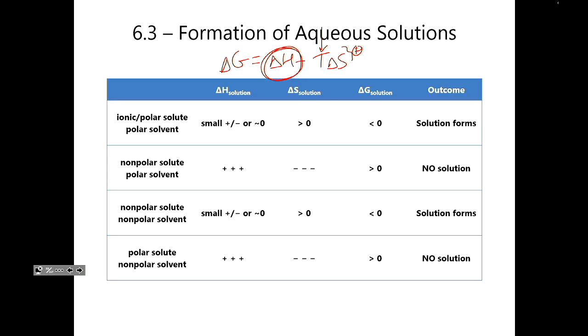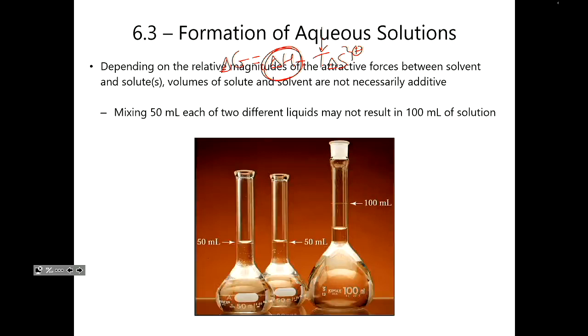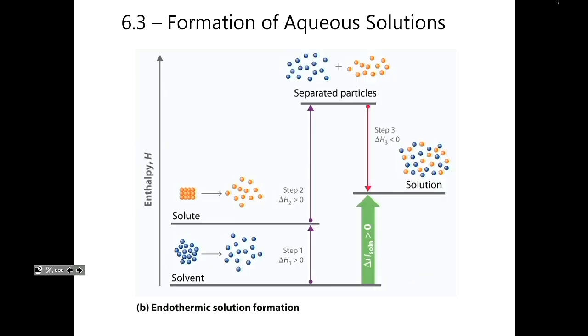If you're dealing with polar with nonpolar, there is absolutely zero attraction between solvent and solute. None. So therefore, the delta H of the solution will always be positive. Why? Separating the solute, separating the solvent, when they come together, they do not attract each other.